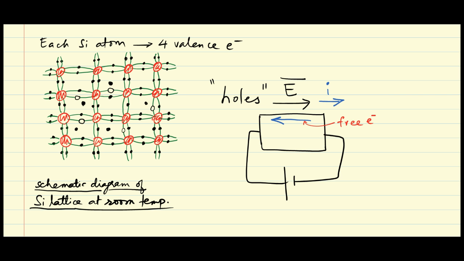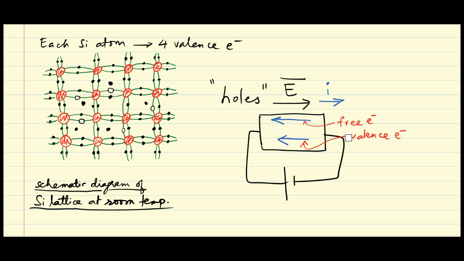But in addition to this, we can also get the valence electrons moving from right to left and contributing to the electrical current from left to right. I'll explain this in the diagram, but you need to know at this stage that this contribution towards the electric current is coming from the valence electrons, and the first contribution is from the free electrons.